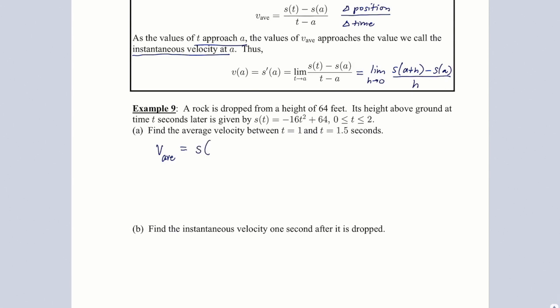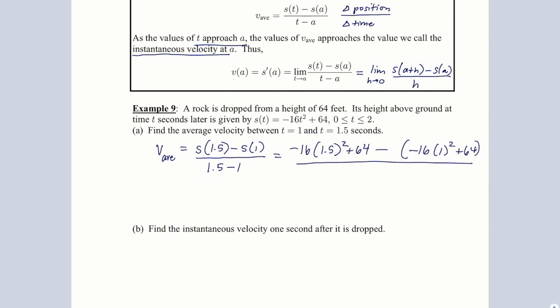And so we want s of 1.5 minus s of 1, so a difference in positions, over the change in time, which will just be 0.5. So I want negative 16 times 1.5 squared plus 64 minus negative 16 times 1 squared plus 64, divided by 0.5.